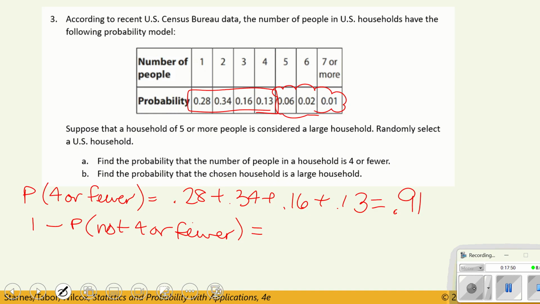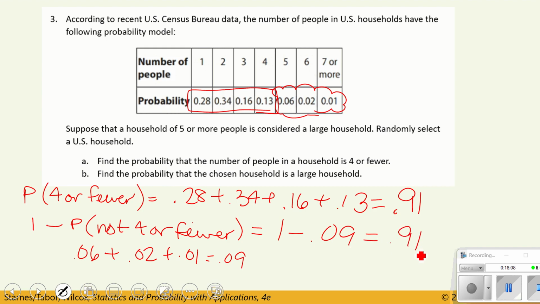And if we did the opposite problem, I would have added 0.06, 0.02, and 0.01, and you would get 0.09. So the opposite of that would be 1 minus 0.09, which also gives you 0.91.